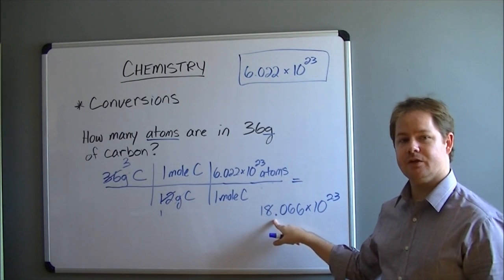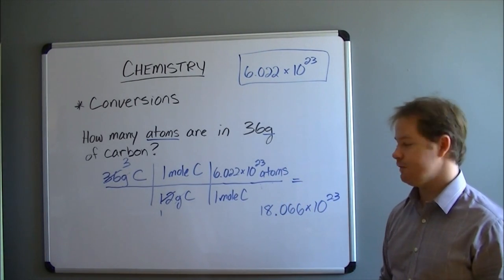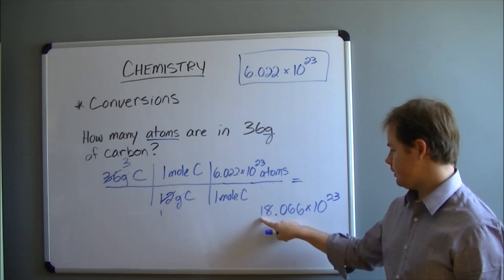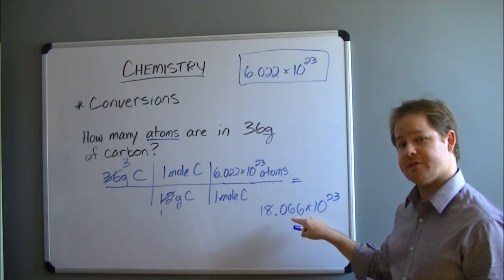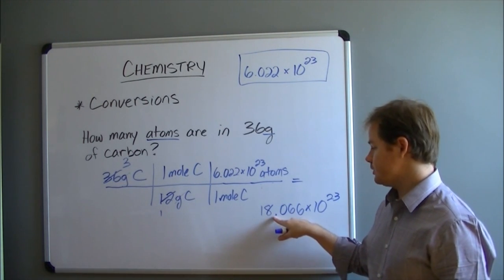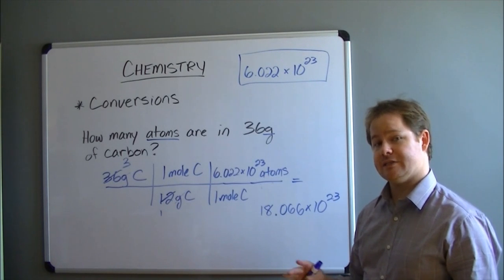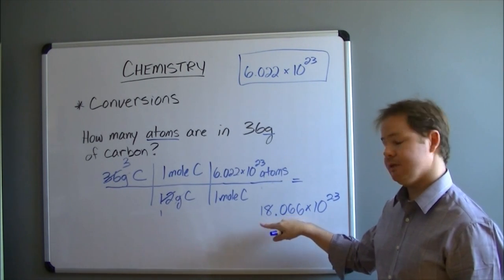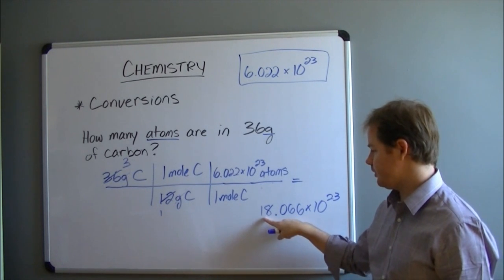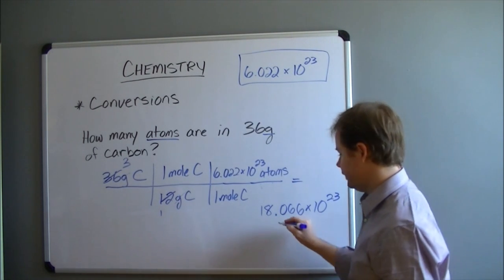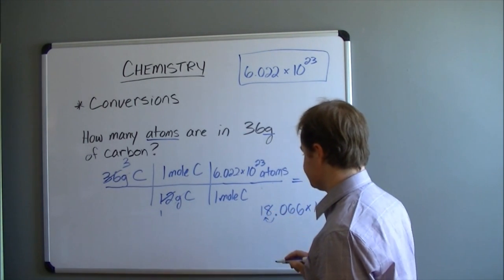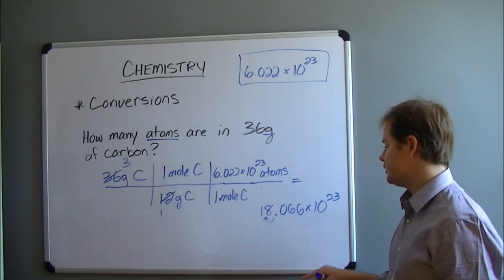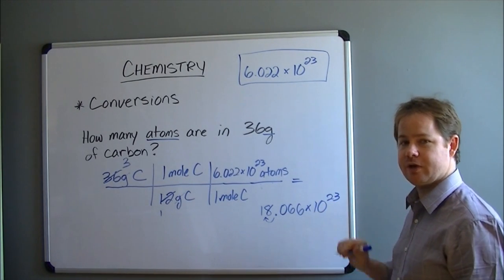And from here, to convert back to proper scientific notation, we always want the number in front, which is called the mantissa. We want that number to be somewhere between 1 and 10. So in this case, 18 is too large. We need to move our decimal point over 1 space to the left. And when you move your decimal to the left for scientific notation, that means that you're going to be adding 1 to your exponent.